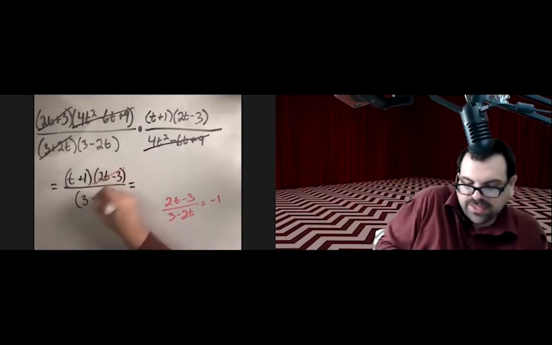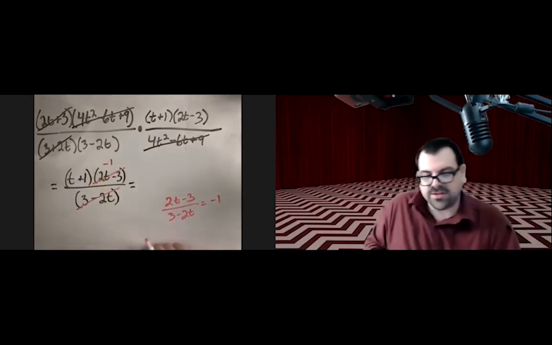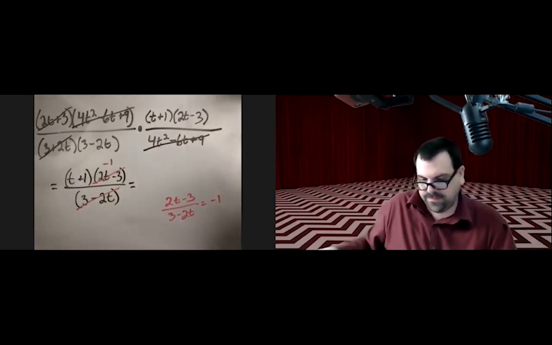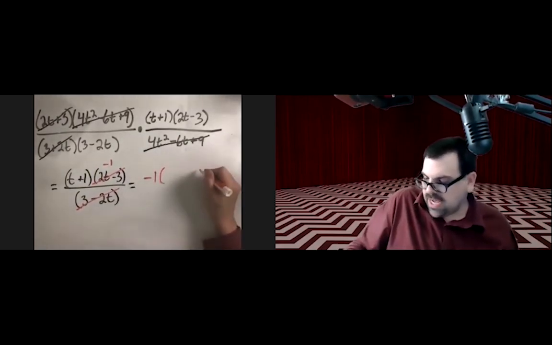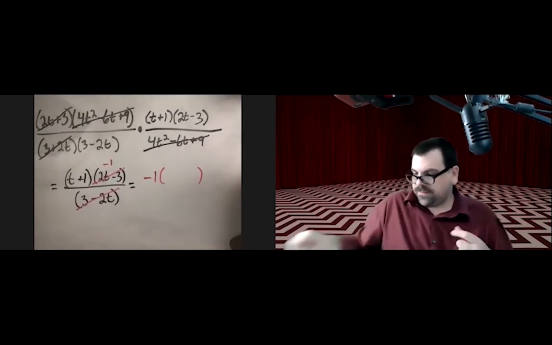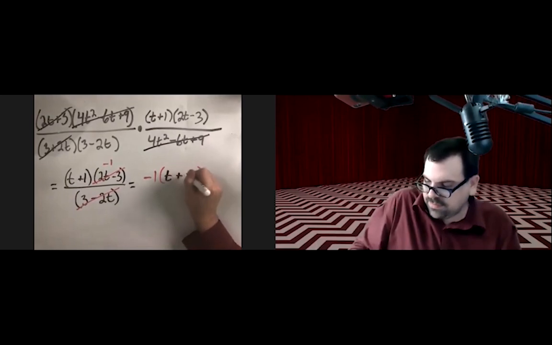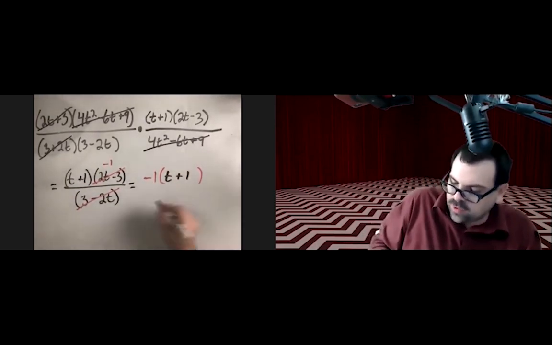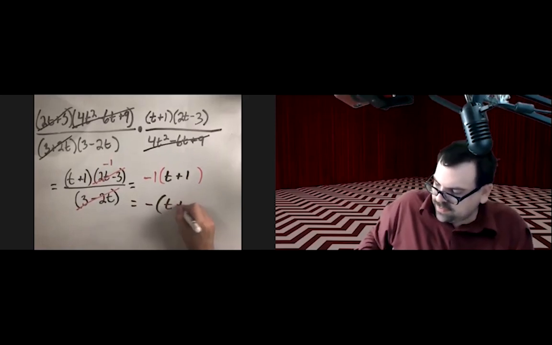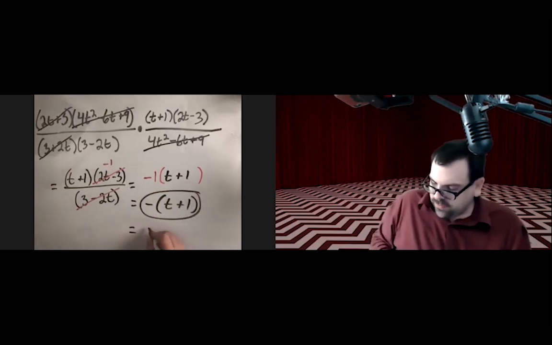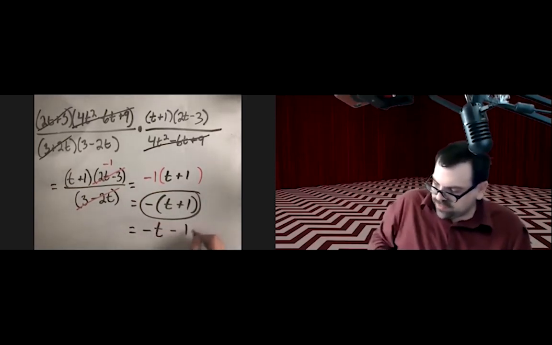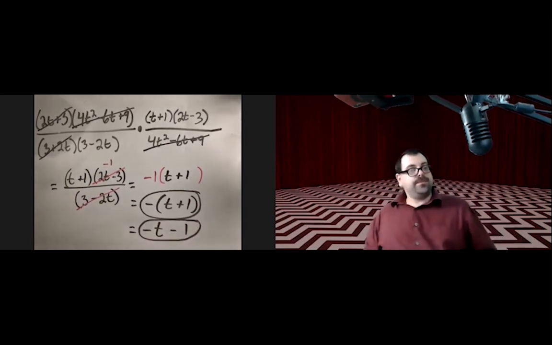So if we cancel these, we have to be left with a factor of -1. So -1 times t plus 1. And we wouldn't write -1 times, we would just write negative times the quantity t plus 1. Or if you want negative t minus 1, write it without the parentheses, you can do that too. But that's all we have here.